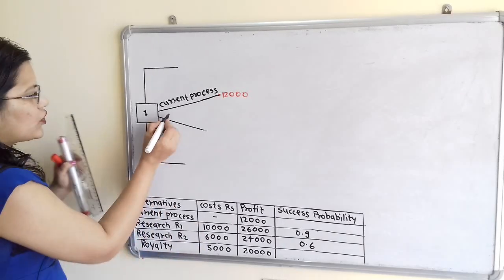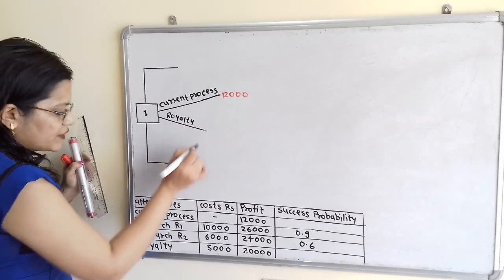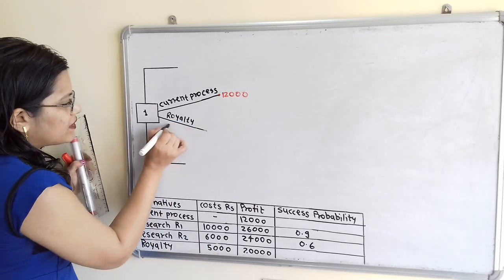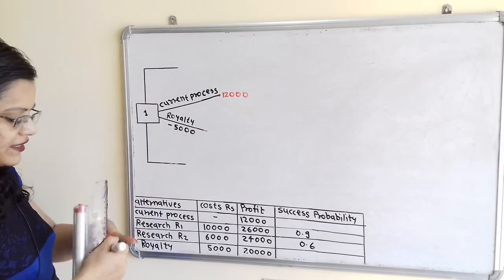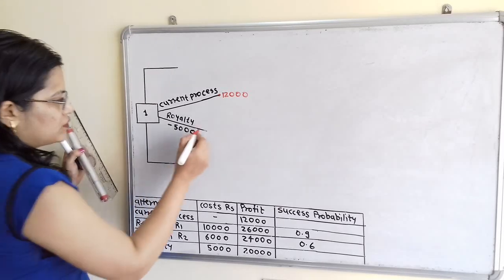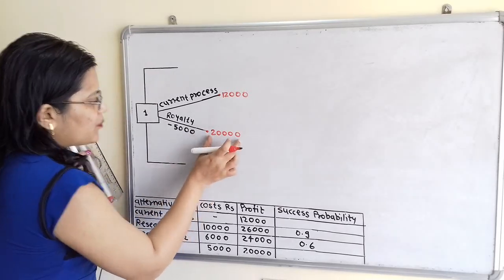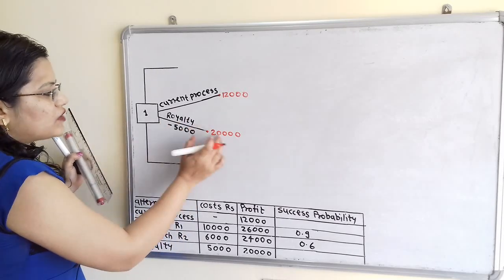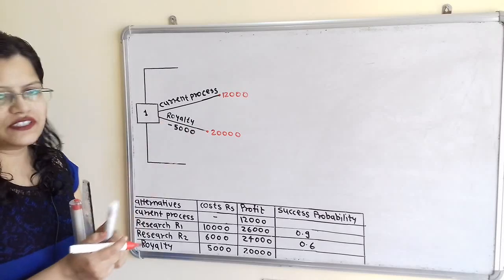So for this royalty, which will cost 5,000, I will write here minus 5,000 with profit 20,000. So the outcome of this branch will be 20,000. This is the profit, and we have to calculate net profit by 20,000 minus 5,000 for this decision.